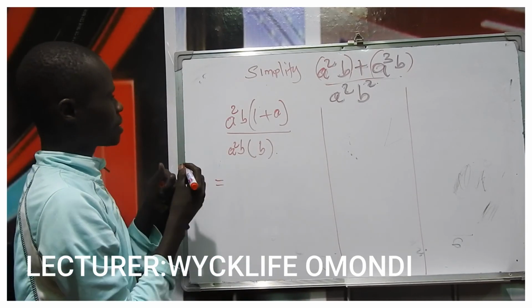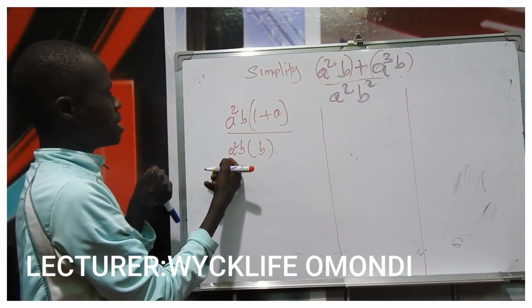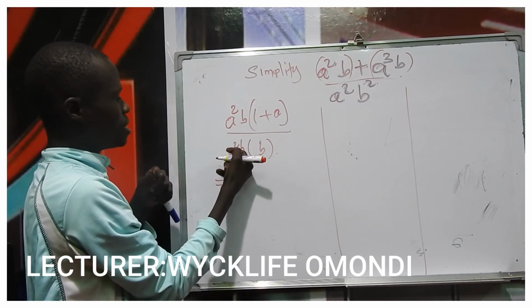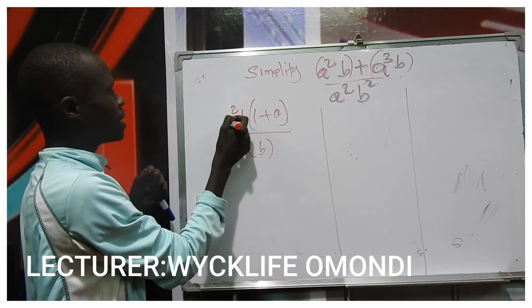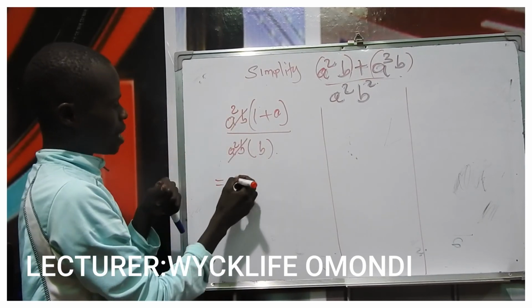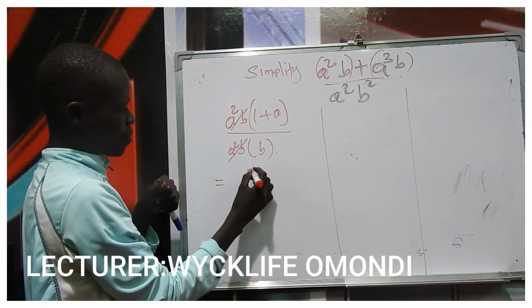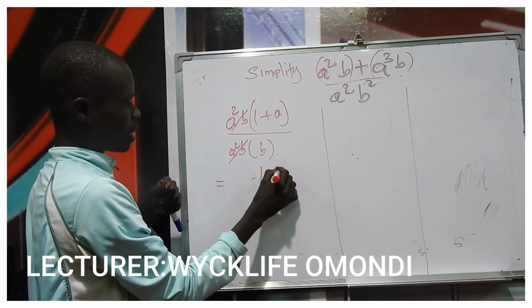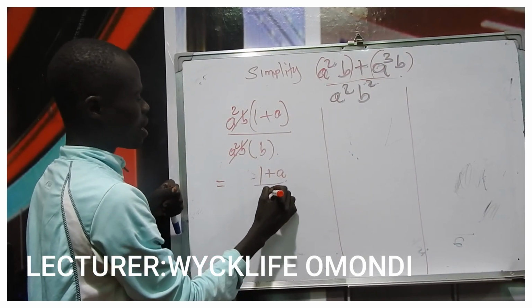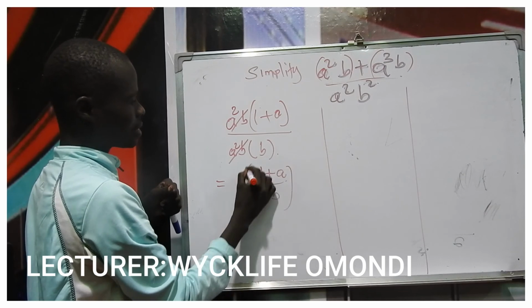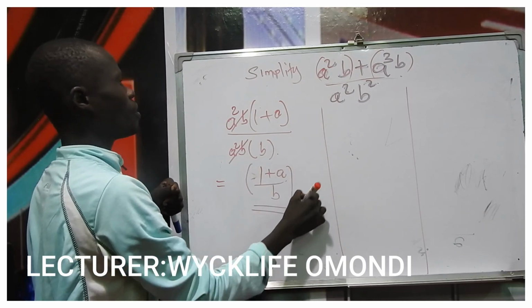So a squared b cancels a squared b, and we will have 1 plus a all over b. And this is the solution of this.